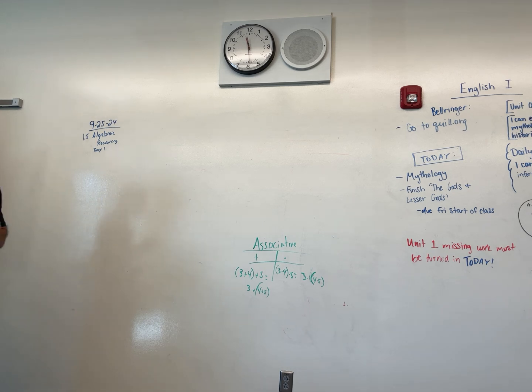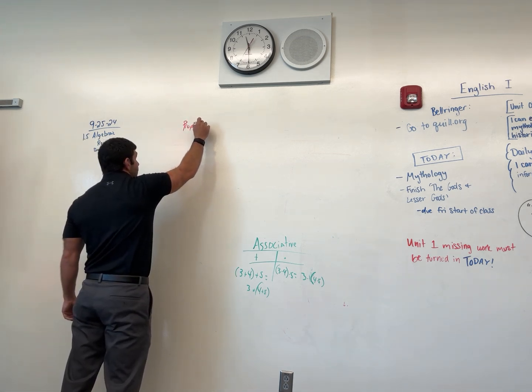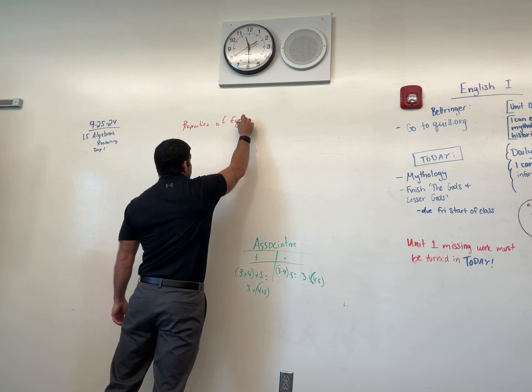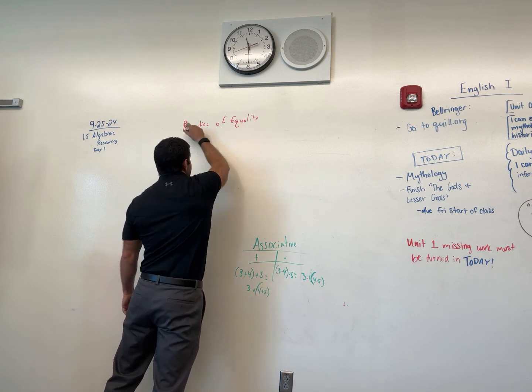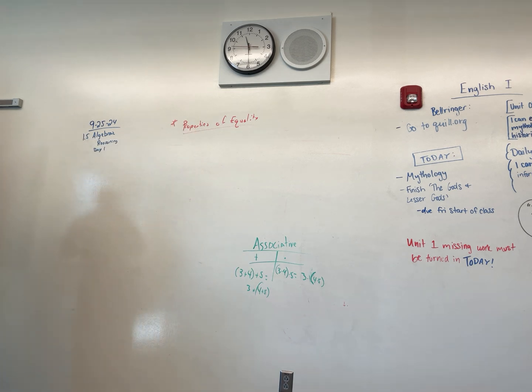Okay, here we go. So, these were real number properties. Now we're talking about something that you probably haven't done: the properties of equality. And listen, you're going to need to know these, so make sure that you have these written really well.